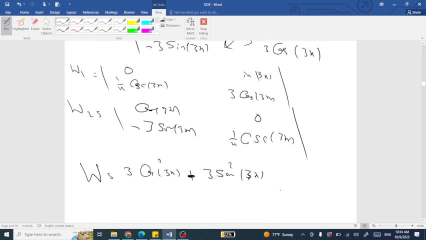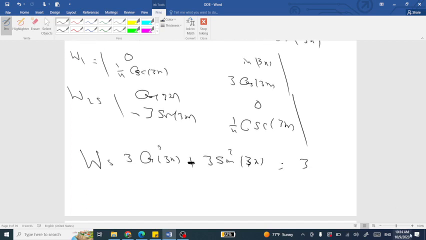So I'll get 3 by common... So I'll get 3. Cosine and sine squared change to what? To 1. How about W1? Zero minus... how much here?